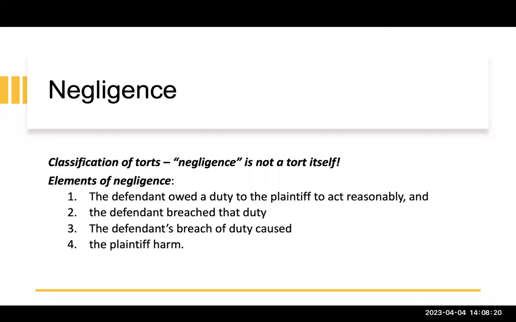And what the Palsgraf case stands for is that there's a foreseeability element to negligence cases. So again, if the injury is so remote and totally unforeseeable, there is not a valid legal claim.